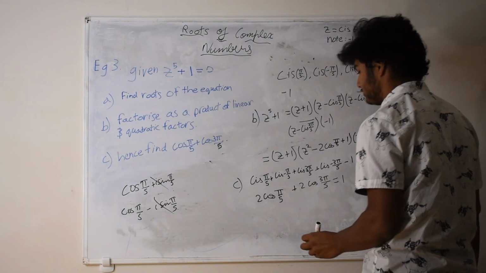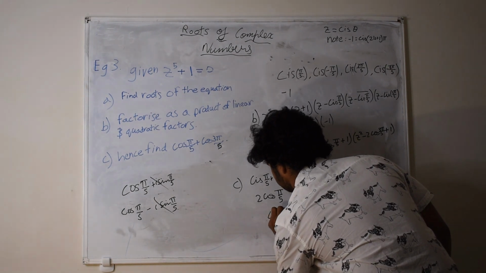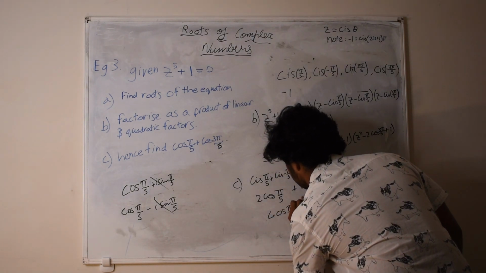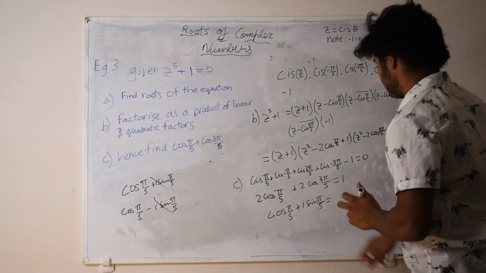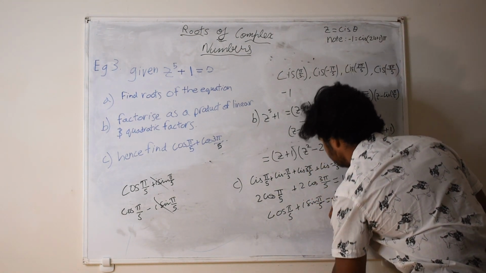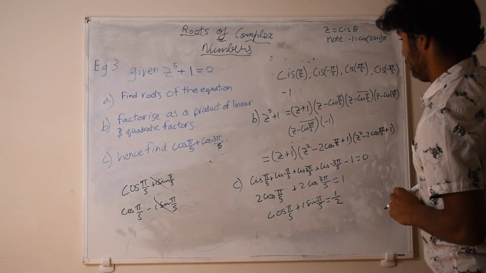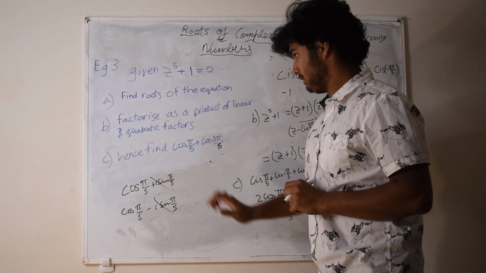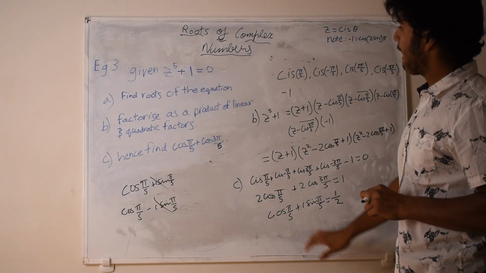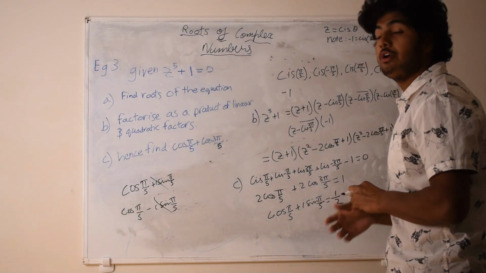Divide both sides by 2, we then have cos pi on 5 plus cos 3 pi on 5 equals 1 upon 2. So that is how you do C. And the rest of the questions right here.